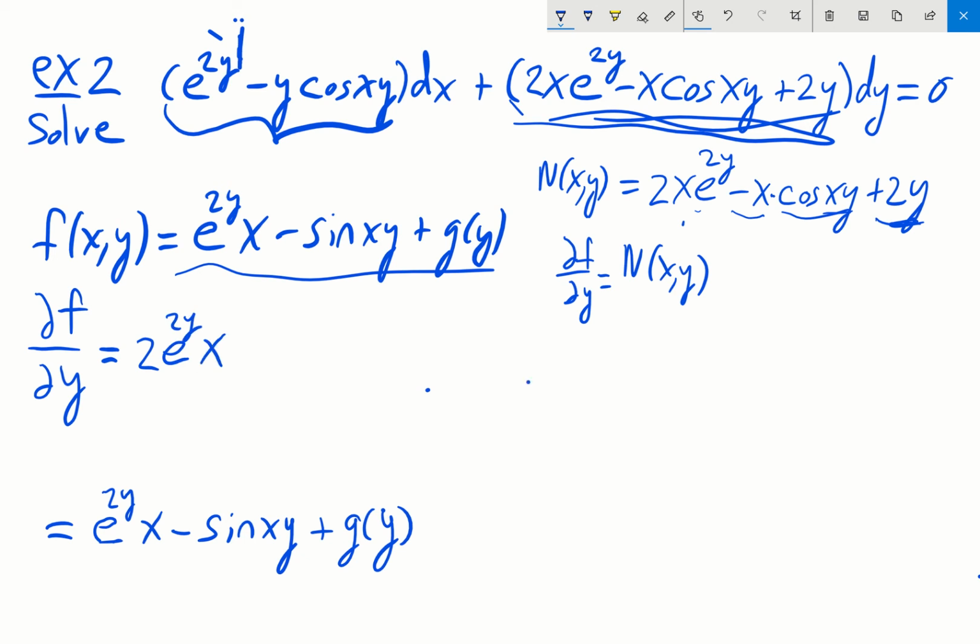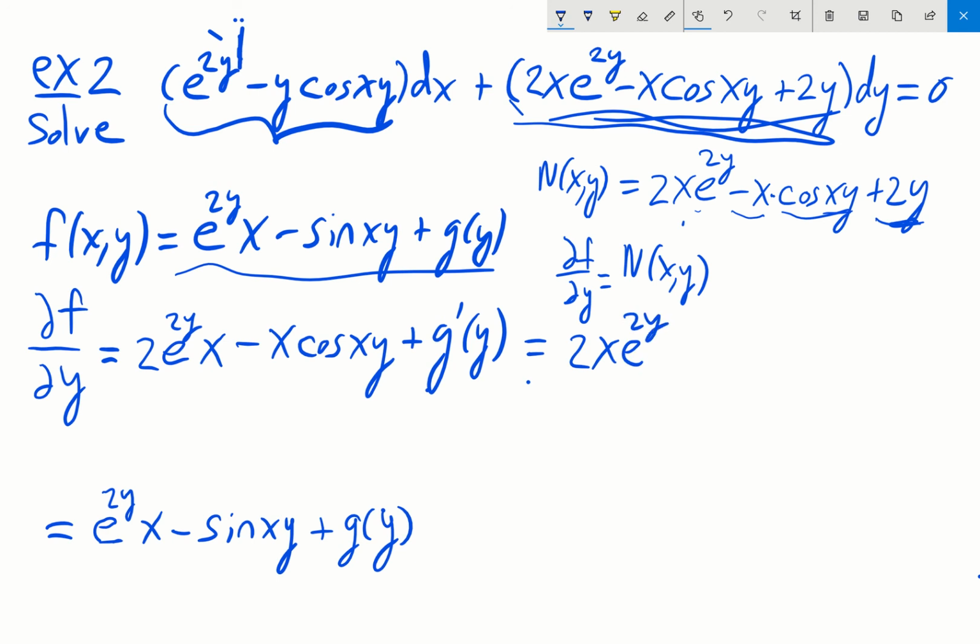The derivative of this using the chain rule with respect to y gives a negative x cosine of xy, and then plus g prime of y. And this should be equal to N of x, y, which is 2x e to the 2y minus x cosine of xy plus 2y.